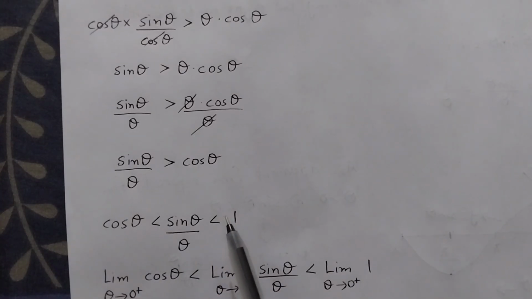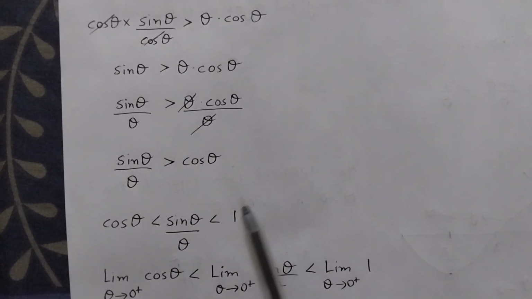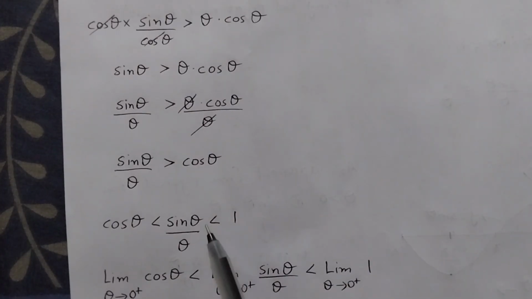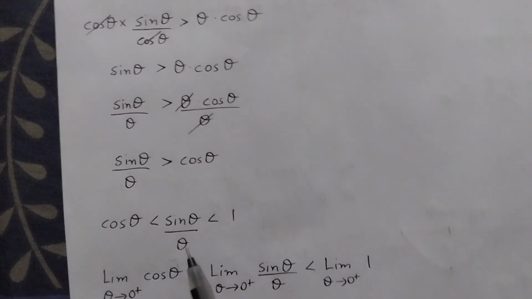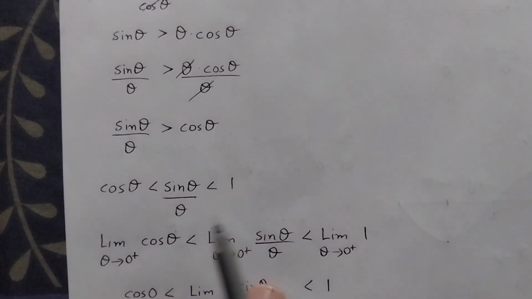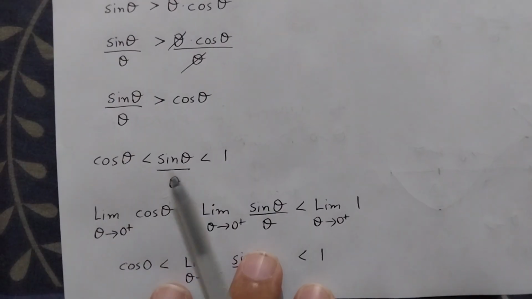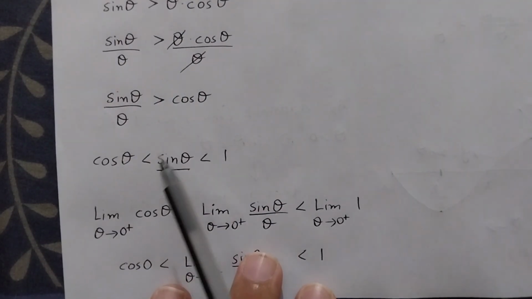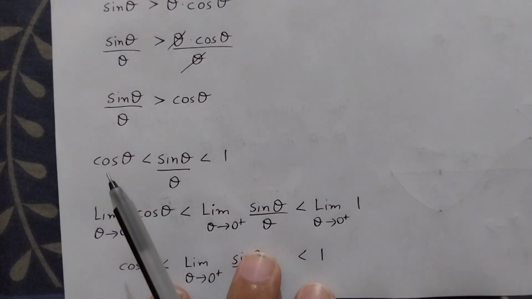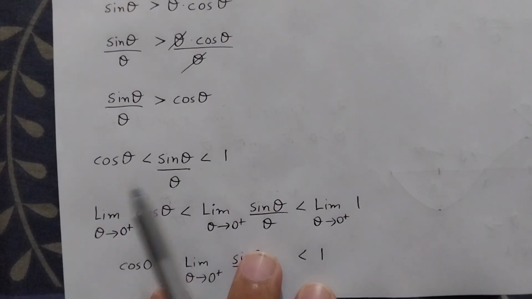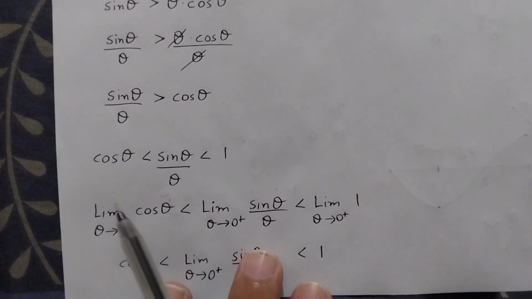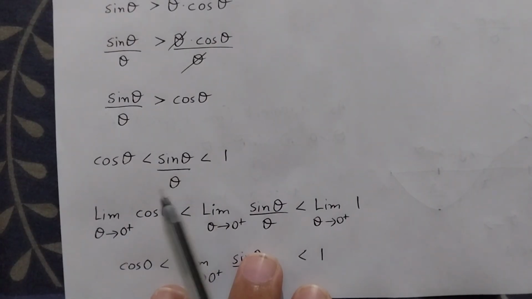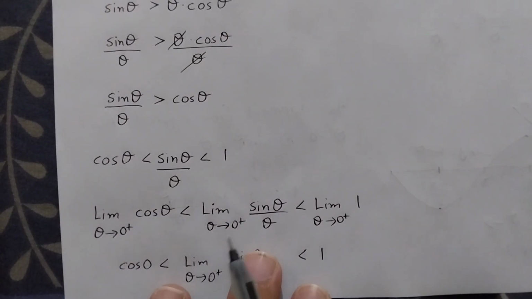And this 1, I talked about this, that sine theta over theta will always be less than 1 for theta greater than 0. So this is the combined inequality, and we have our desired expression in the middle, and we have our extreme functions on the sides, cos theta and 1, and sine theta over theta is sandwiched between these two functions.